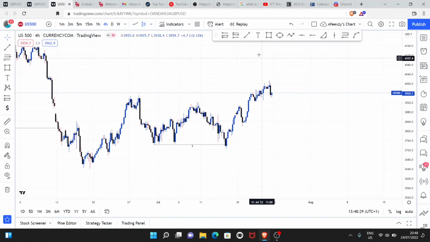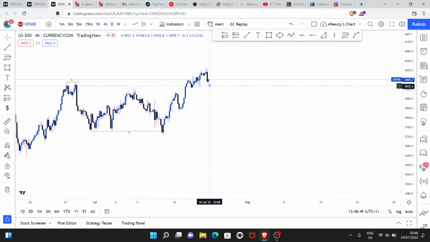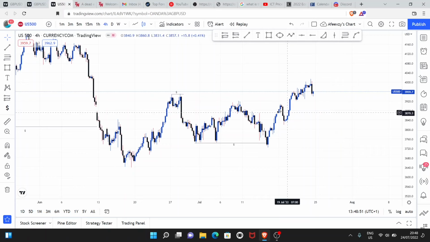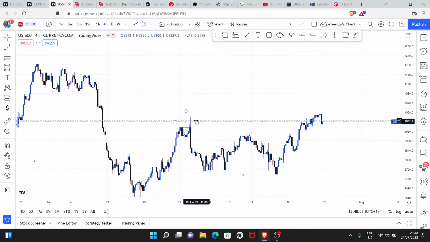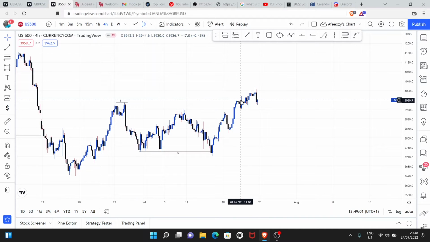Now a continuation high, clearing these two highs. Now, as far as I am concerned, I need to see clearly what the market is doing here. After it cleared this high, we saw a bullish move to the upside.